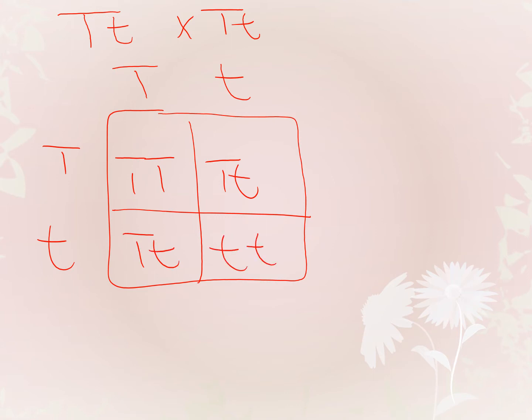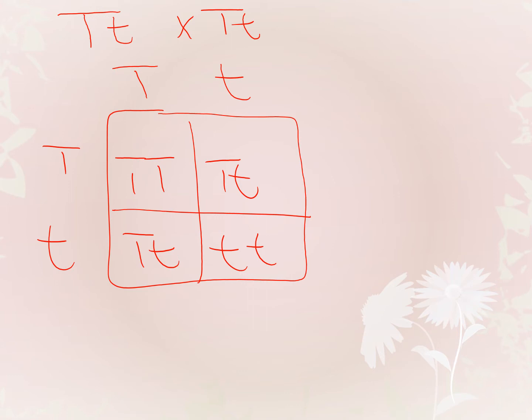This Punnett square looks just like the one we just did. When we talked about complete dominance, my GR was 1 to 2 to 1, and my PR was 3 to 1. Well, this is now incomplete dominance.